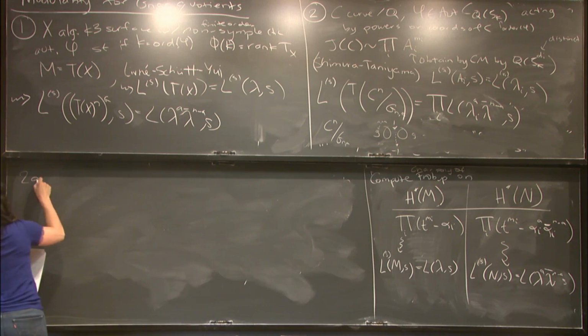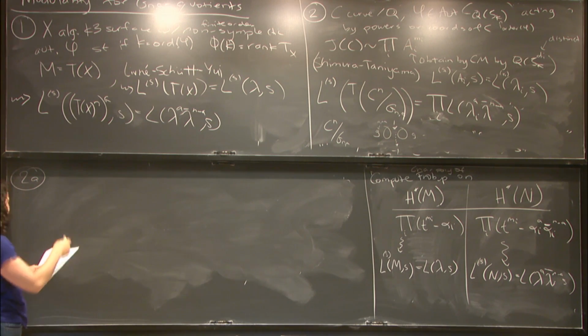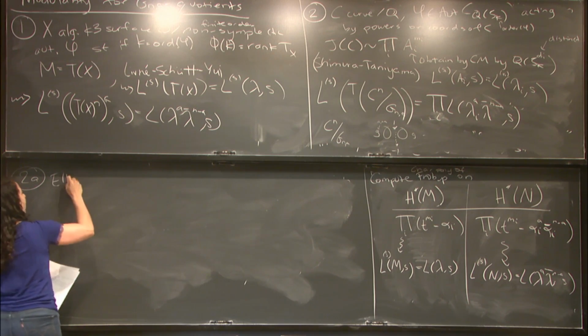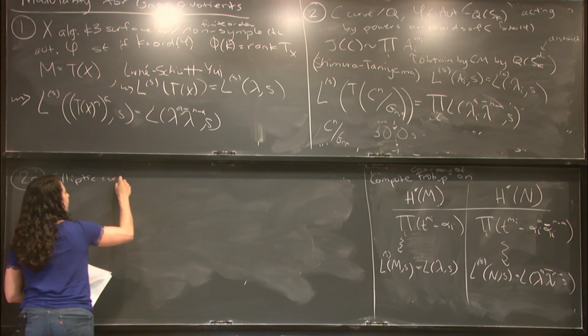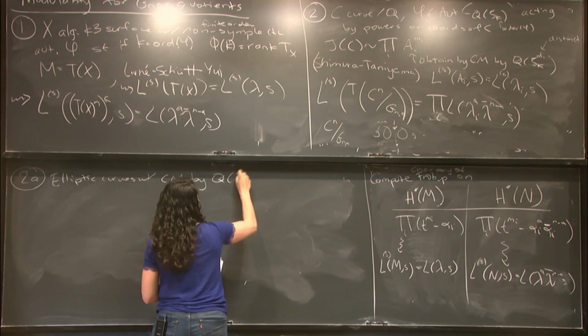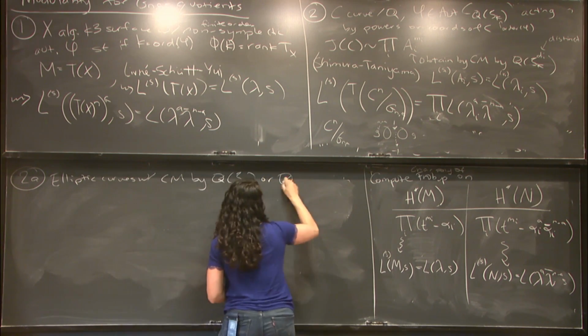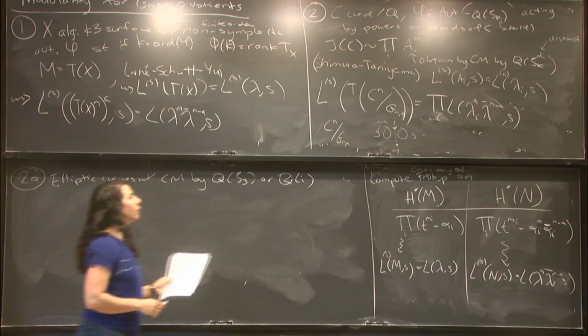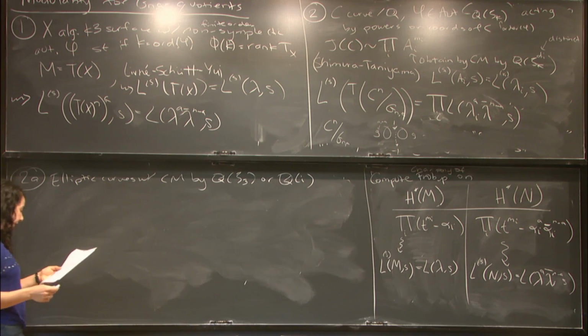And so as two further examples of this, if we look at, say, elliptic curves with CM by Q adjoin zeta 3 or Q adjoin i, one can check that they satisfy all these hypotheses.